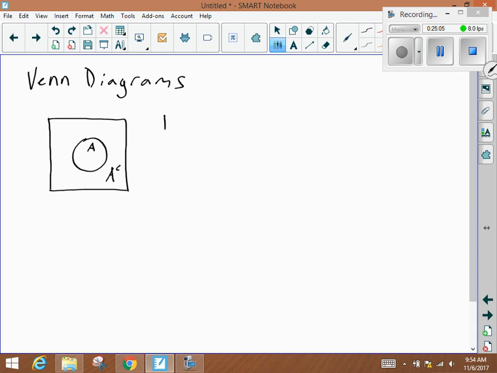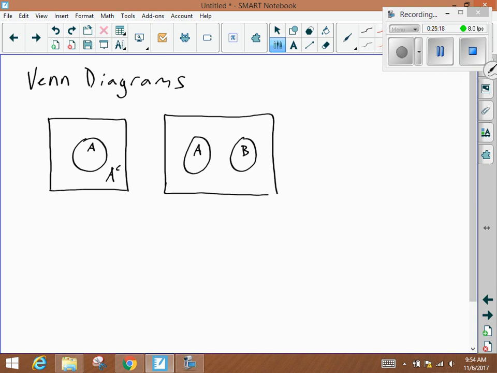All right, we can also look at a Venn diagram like this, where I have two events, A and B, and then we'll just call this S, the stuff that is not A and not B. So in this case, if we have a Venn diagram that looks like this, A and B are disjoint.